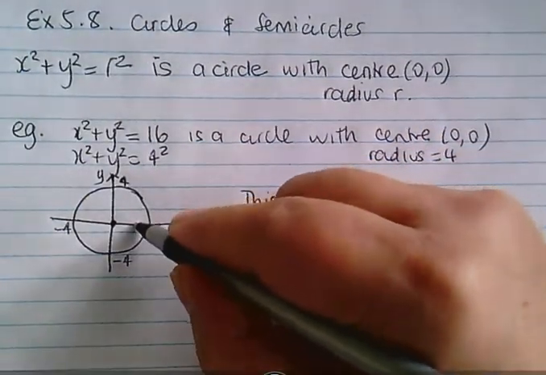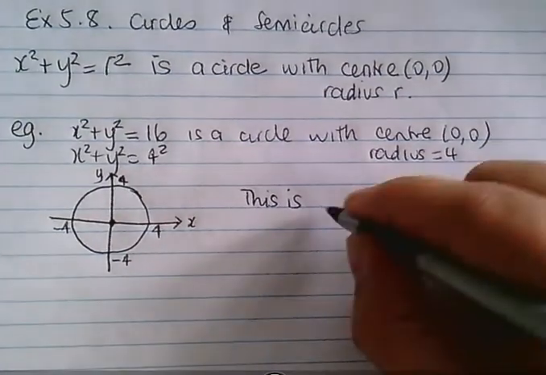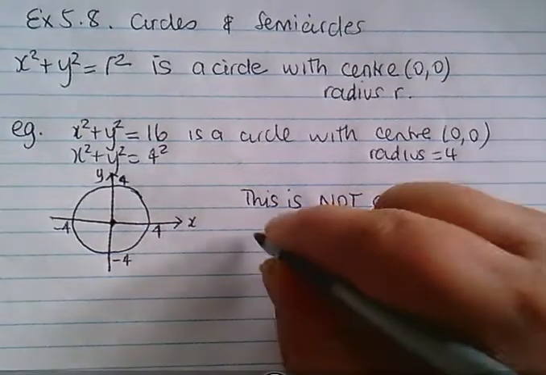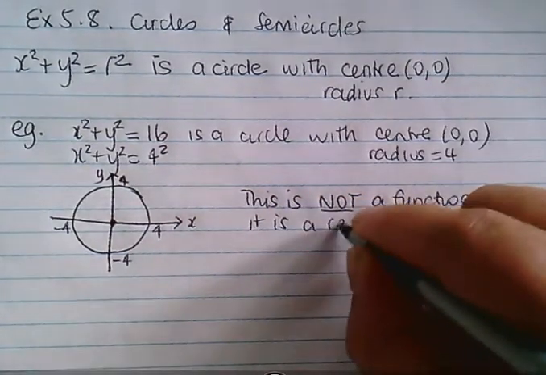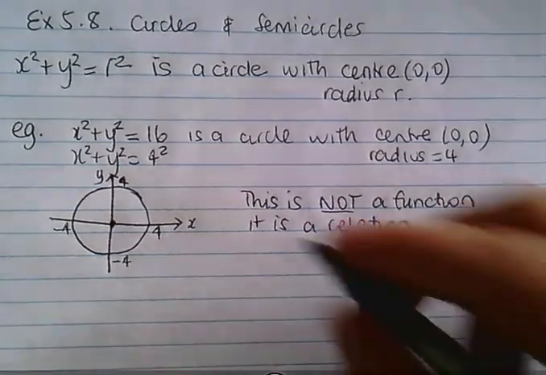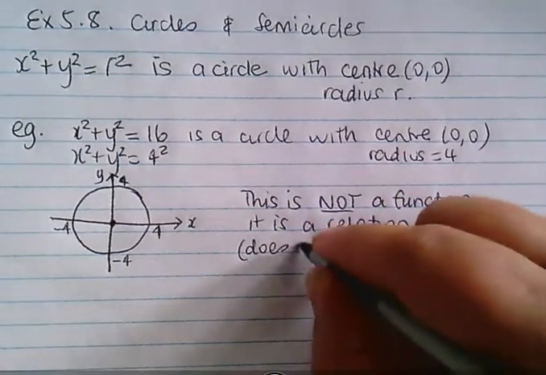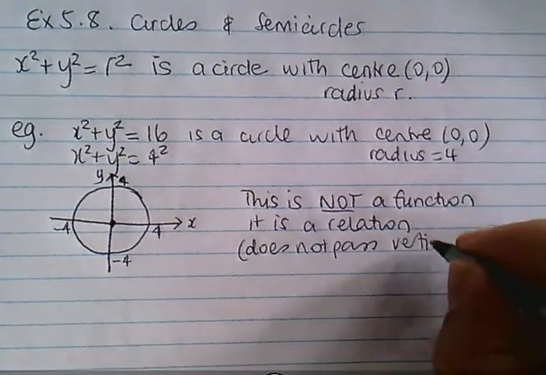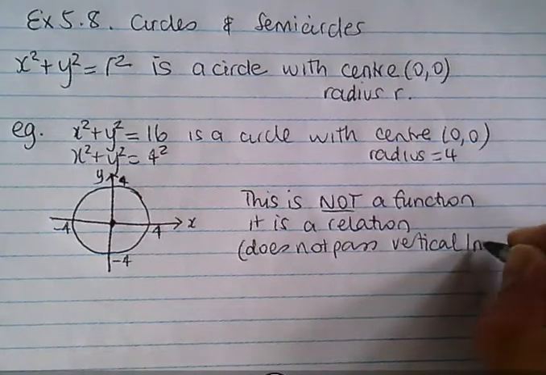Or for every x value there's only supposed to be one y value, so this is not a function, it's a relation. Okay? It's not a function because it doesn't pass the vertical line test.